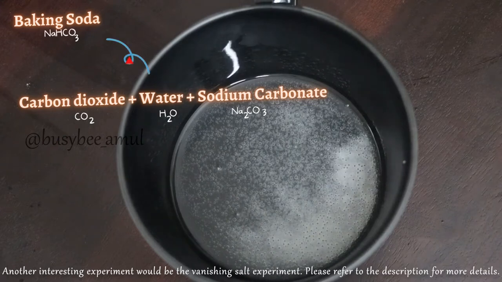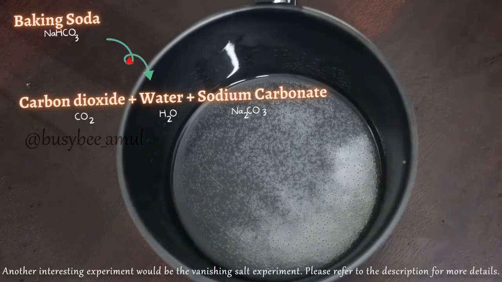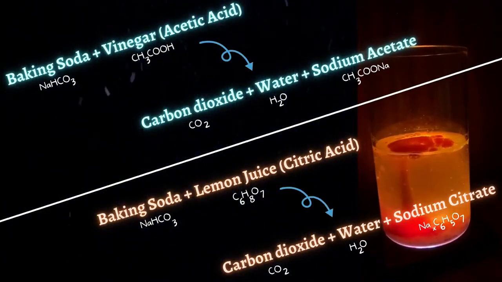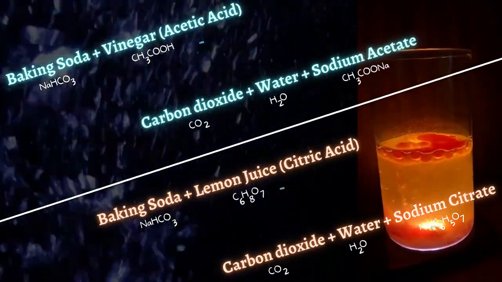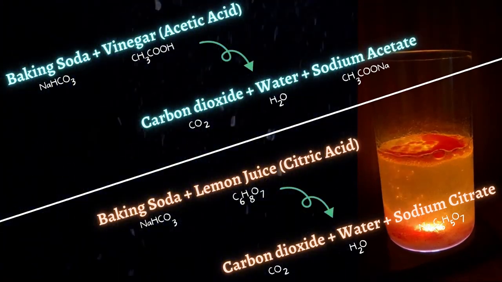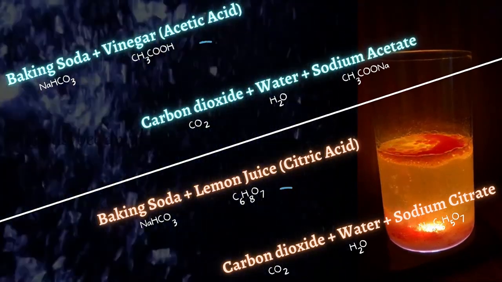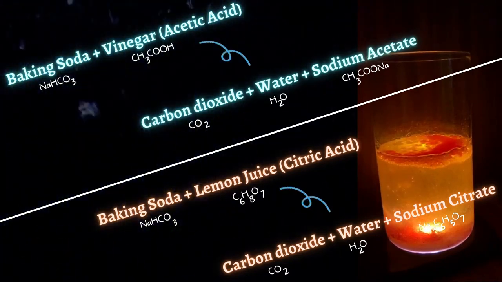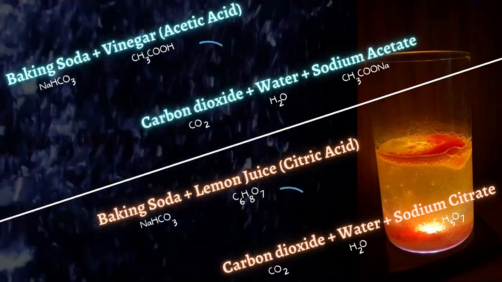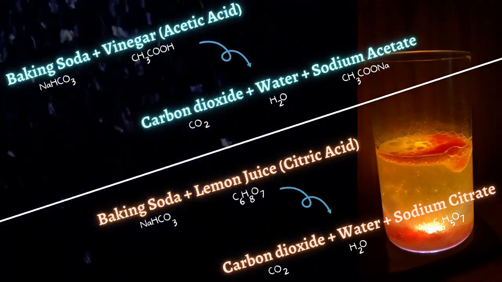Let's try to compare this with the acid-base reaction. Here are two equations of when an acidic ingredient reacts with baking soda. We don't have to remember all the details, but it is just to give an idea. When baking soda and vinegar are mixed, we get carbon dioxide, water, and a salt called sodium acetate.